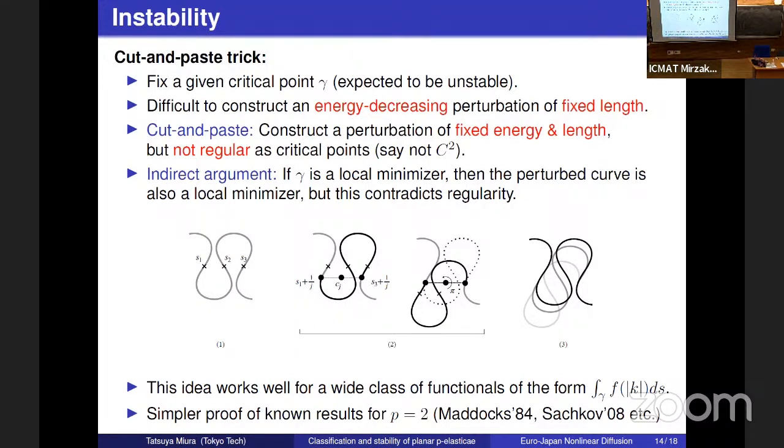And as I showed you, every critical point must have continuous curvature. So this is a contradiction. And in this way, we can prove that this kind of curve is unstable. So this is the main idea for instability.